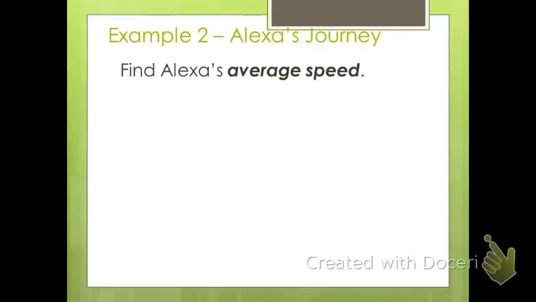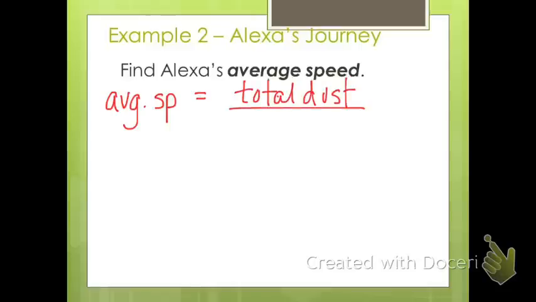Okay, but what we can do is find Alexa's average speed. You can write this down: average speed is total distance traveled divided by total time.